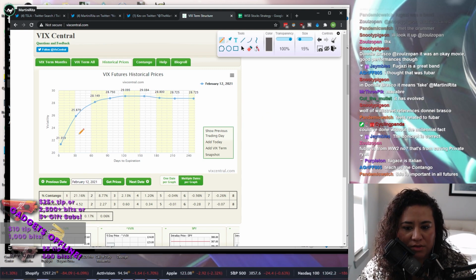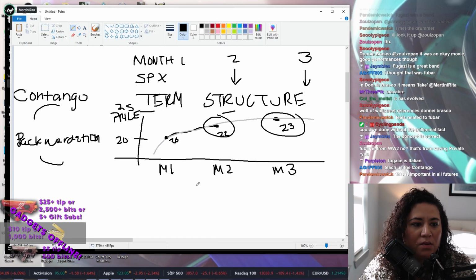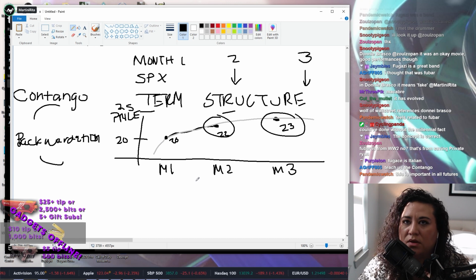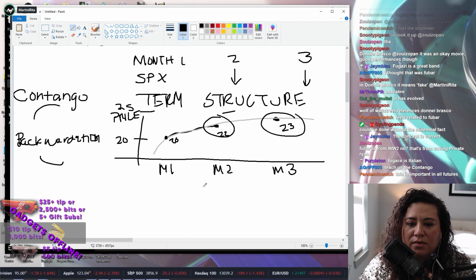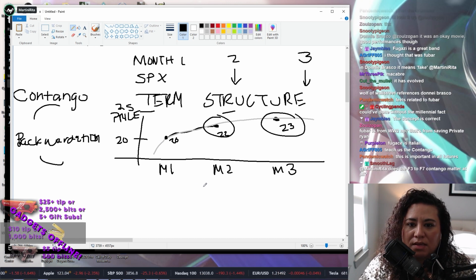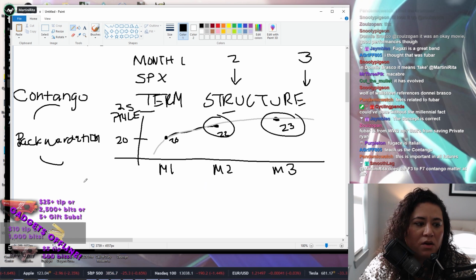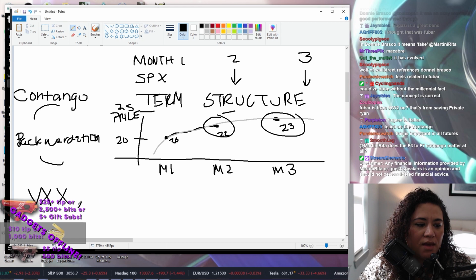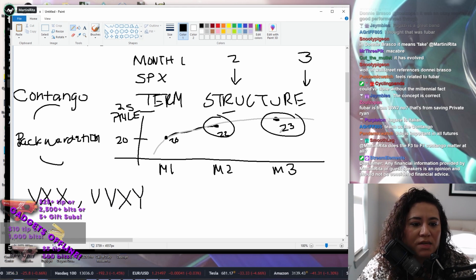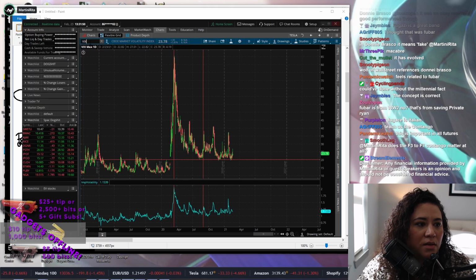Next, what you would need to understand is how this plays into the products that I see you guys using to play volatility. There are two products, VXX and UVXY. These contracts, you can go look them up.